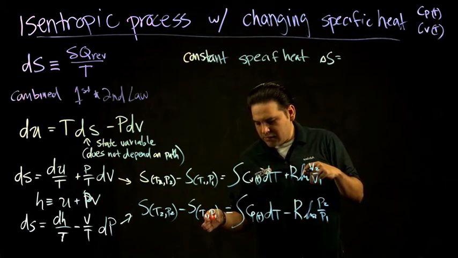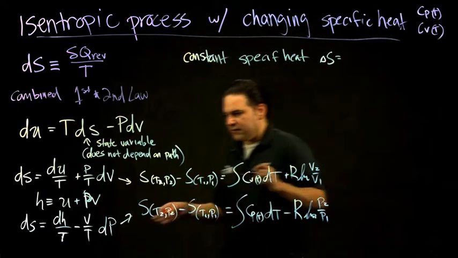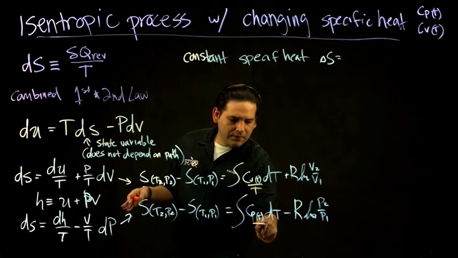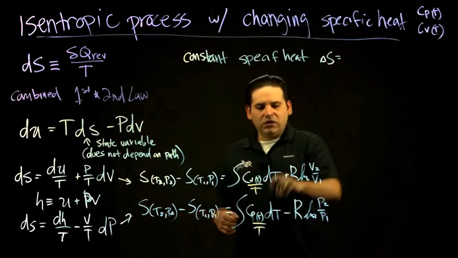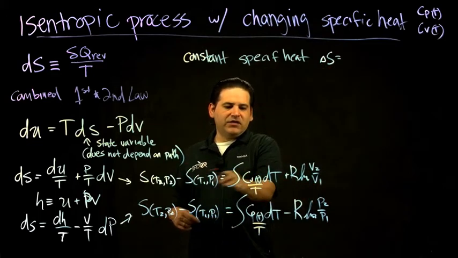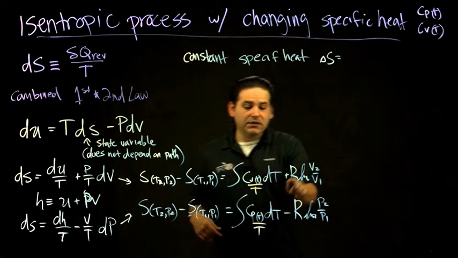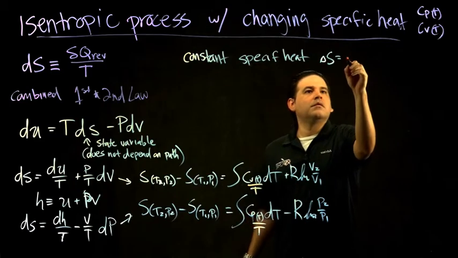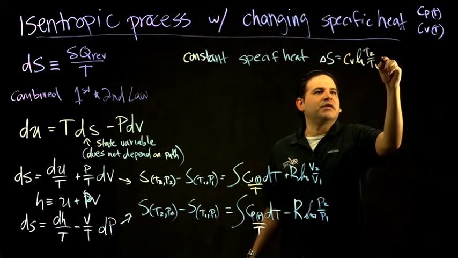Oh, there's a T here, sorry. dT over T. So have the specific heat out and then take the integral of dT over T. That would give you this natural log. So we've used this expression many times.